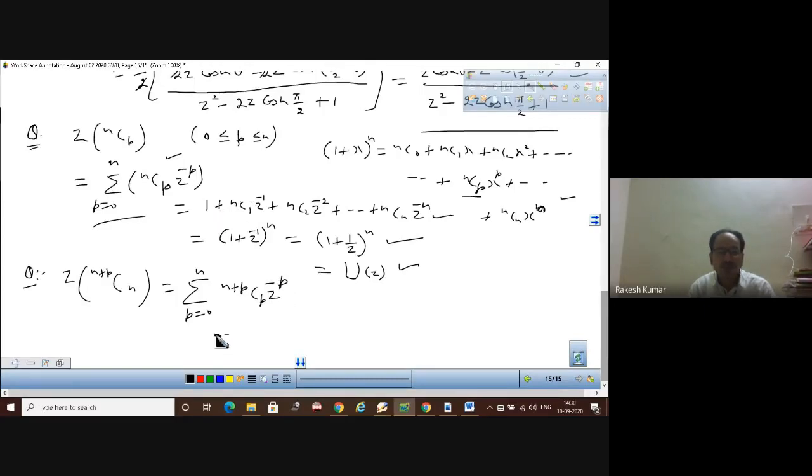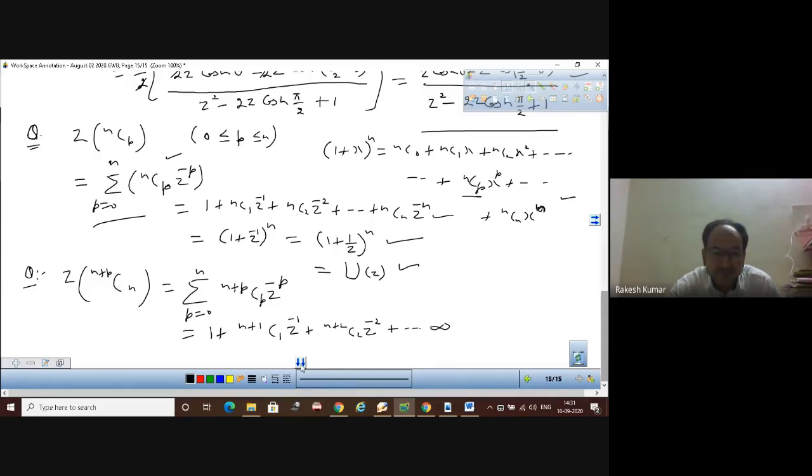By using the formula of z transformation, now you can expand the summation: that will be (n plus 1)C1 z inverse plus (n plus 2)C2 z raised to power minus 2, and so on up to infinity.